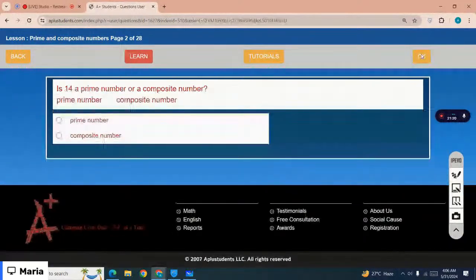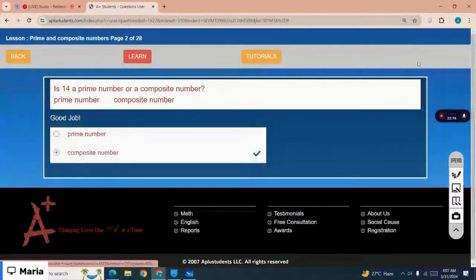Is 14 a prime or composite number? Composite number it is, because 14 has more than 2 factors. So yes, 14 is a composite number. Very good.